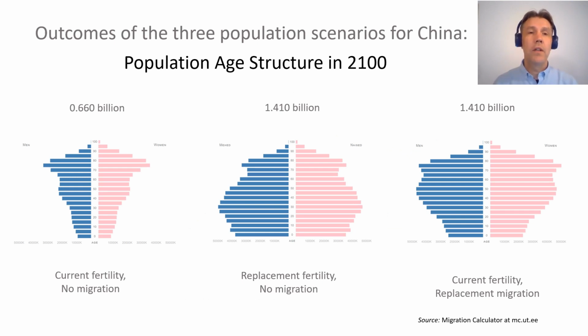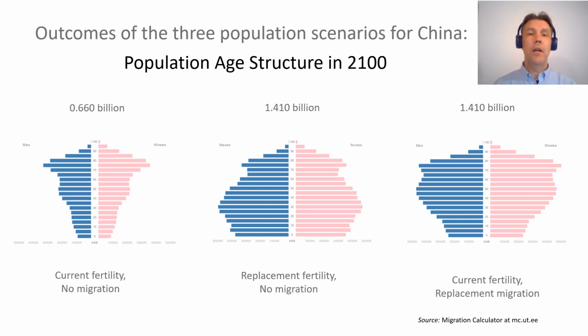What's also interesting is that all three scenarios, when the current fertility persists and there is no migration, when fertility rises to levels to keep the population stable, and when fertility remains stable but migration helps to keep the population stable, lead to very different age structures of China. In the first scenario, if current fertility persists and there is no migration, we see very rapid aging and the number of children is decreasing very rapidly.